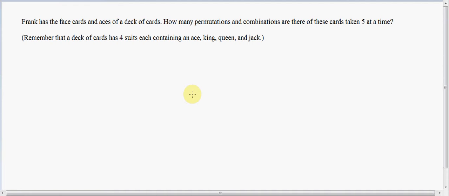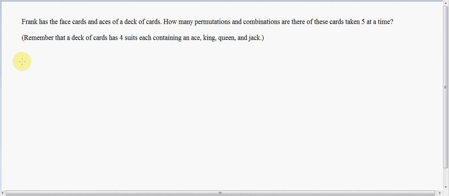All right, let's actually tackle this problem. It says that Frank has 5 cards, has the face cards and aces of a deck of cards. How many permutations and combinations are there of these cards taken 5 at a time? This is actually two different questions in one. Remember that a deck of cards has 4 suits containing an ace, king, queen, and jack.